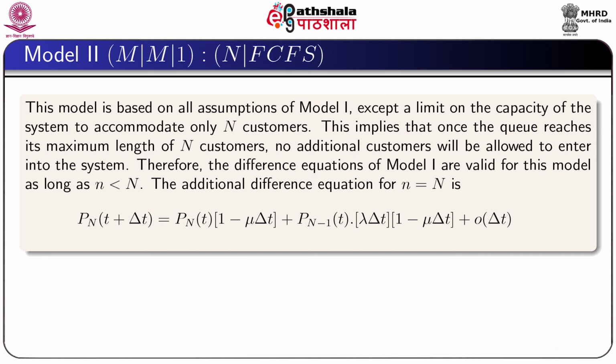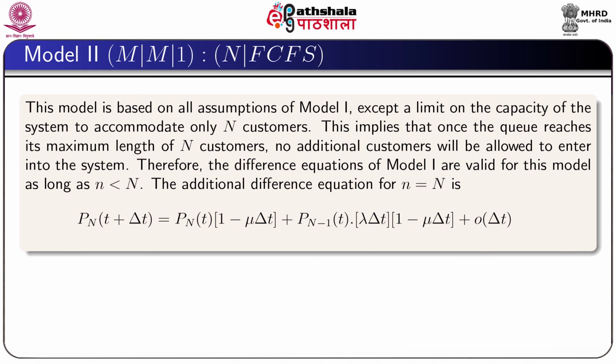This model is based on all assumptions of model 1 except a limit on the capacity of the system. Here we consider the capacity of the system as capital N. This implies that once the queue reaches its maximum length of capital N customers, no additional customers will be allowed to enter into the system.